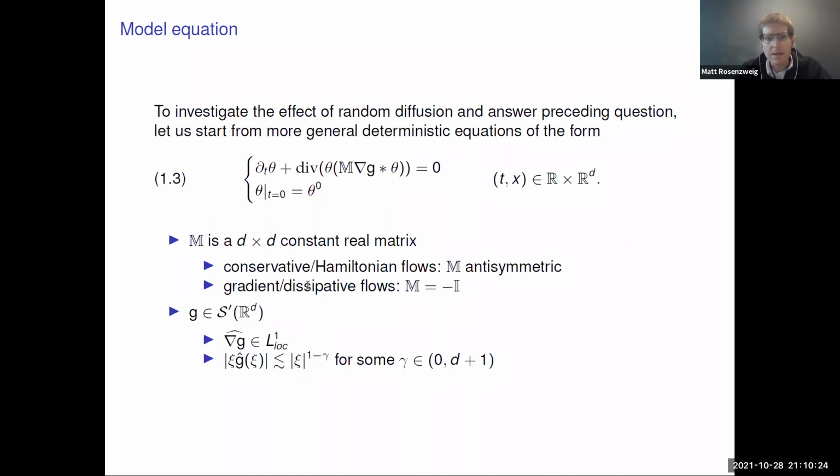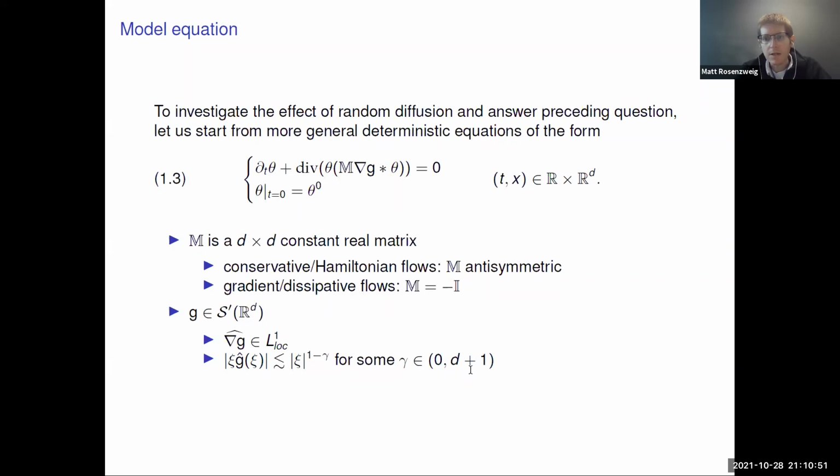What am I assuming about the interaction potential? Well, very little. It's a tempered distribution. I'm going to assume that the Fourier transform of its gradient is locally integrable, and that I also have this decay bound. In other words, the absolute value of the Fourier transform of the potential G is bounded by |xi| to the minus gamma outside the origin, where gamma is between 0 and d+1.